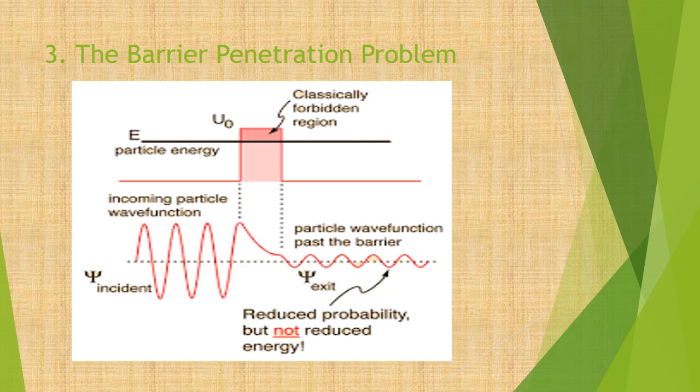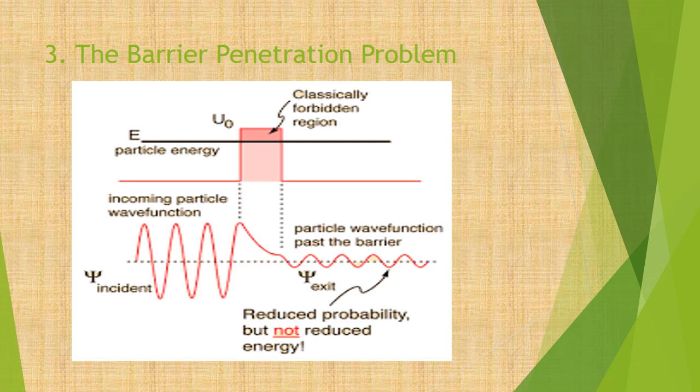So third application is the barrier penetration problem. Consider a beam of particles of kinetic energy E incident from left on a potential barrier of height V and width OA equal to L. V greater than E, and on both sides of the barrier V is equal to 0, which means that no forces act upon the particles there.